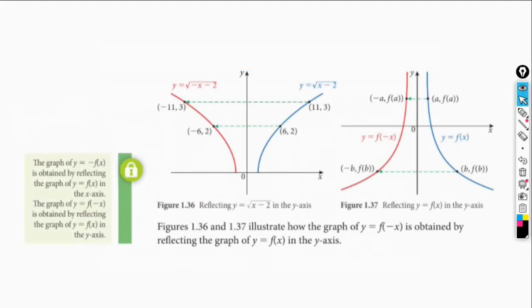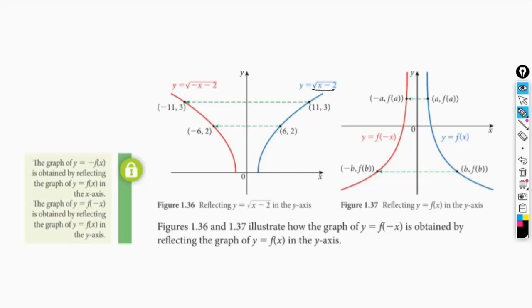In the following slide, we're going to look at examples of a reflection across the y-axis. So in order to reflect across the y-axis, what has to change is the x-coordinate. And this is done by simply putting a negative sign in front of the x. So for example, in figure 1.36, to the right in blue, we see the graph of y equals square root of x minus 2.